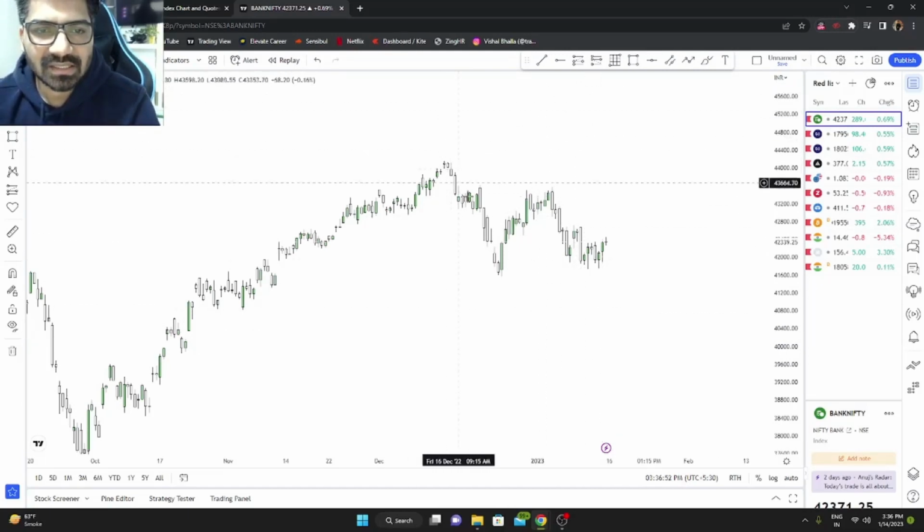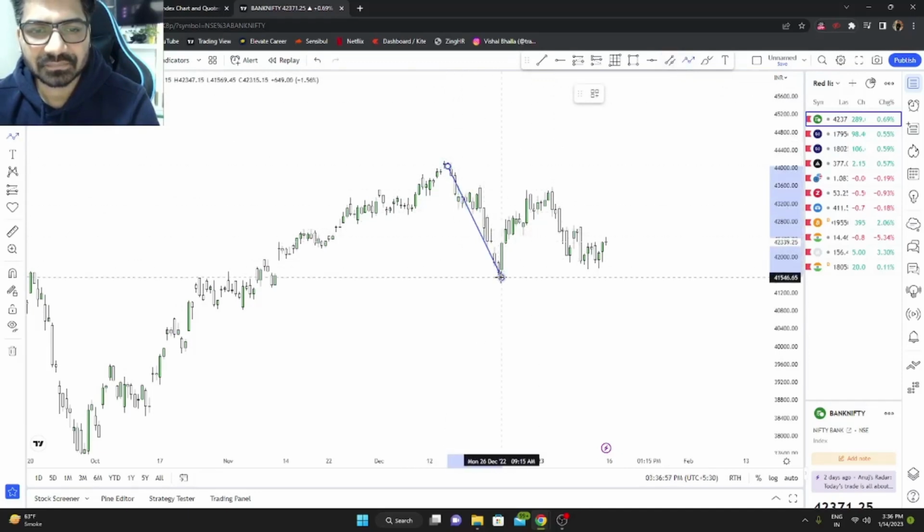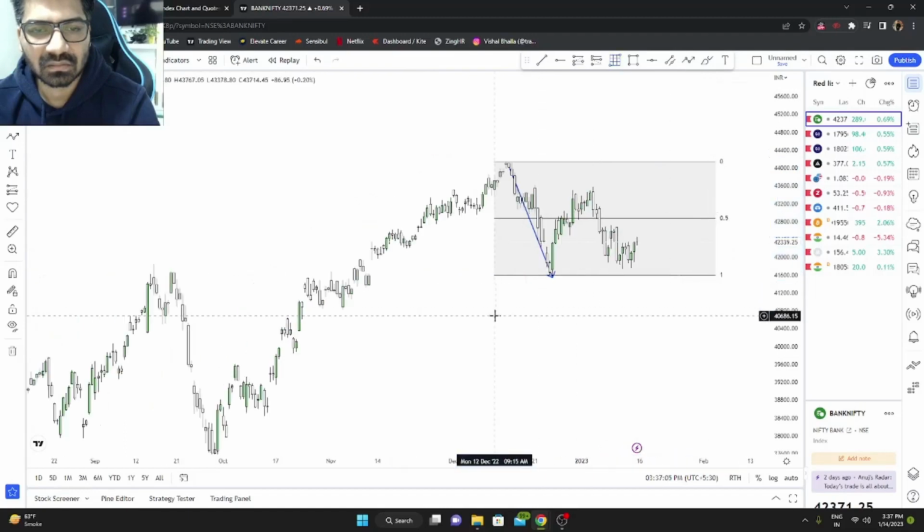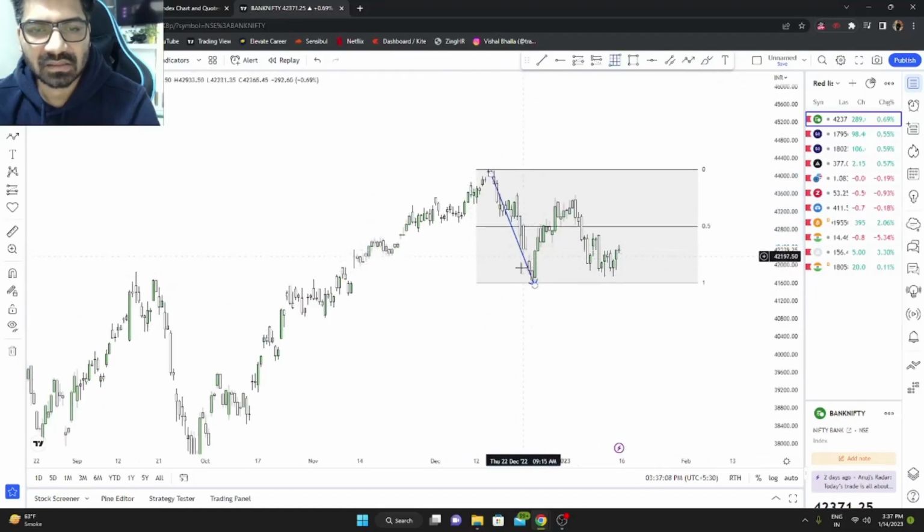So see, in this leg, if we mark this area from top to bottom, this area is the discounted area, and this is the premium area.